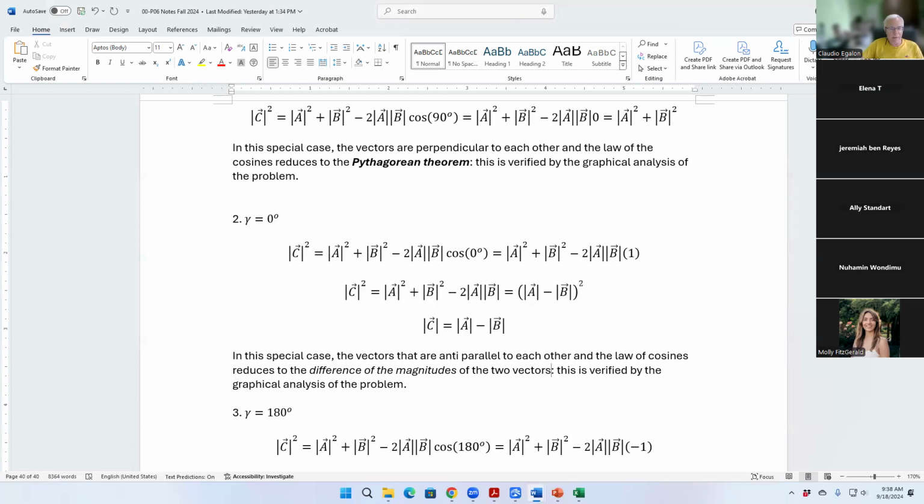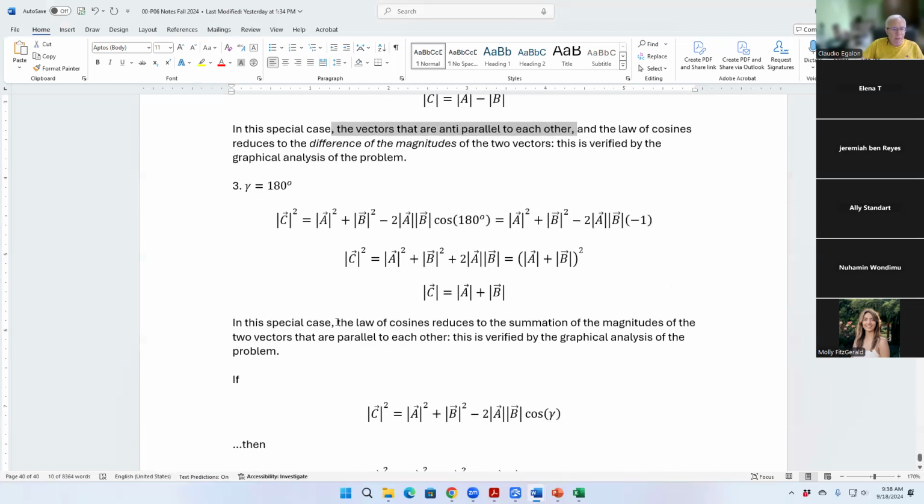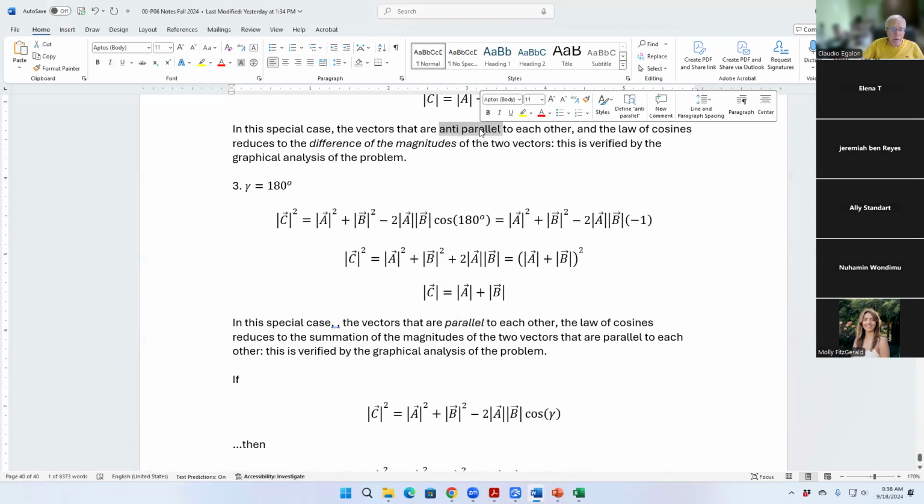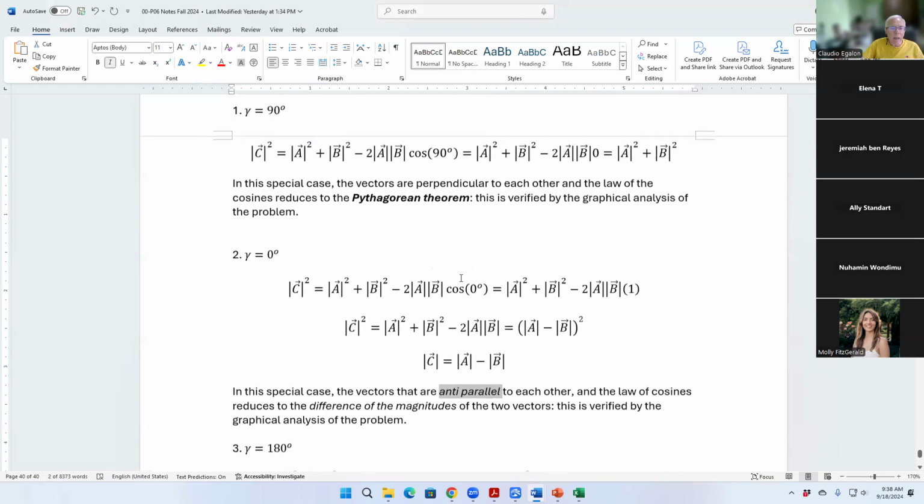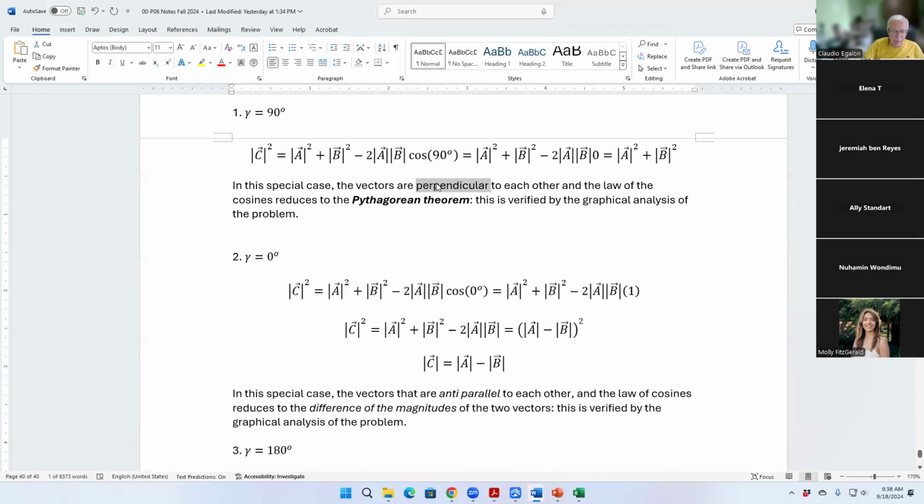Okay? In the other special case, the vectors are parallel to each other. Here's parallel, anti-parallel, and perpendicular. Okay?